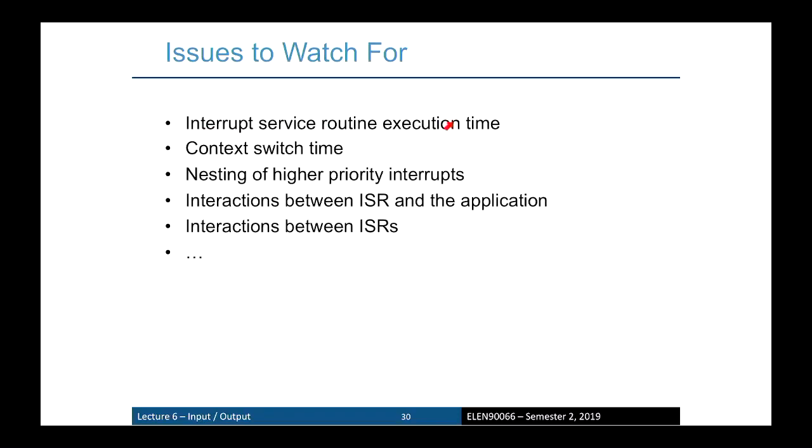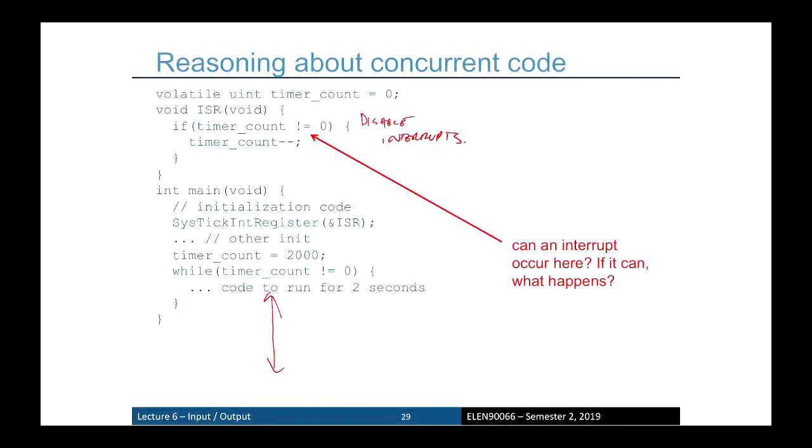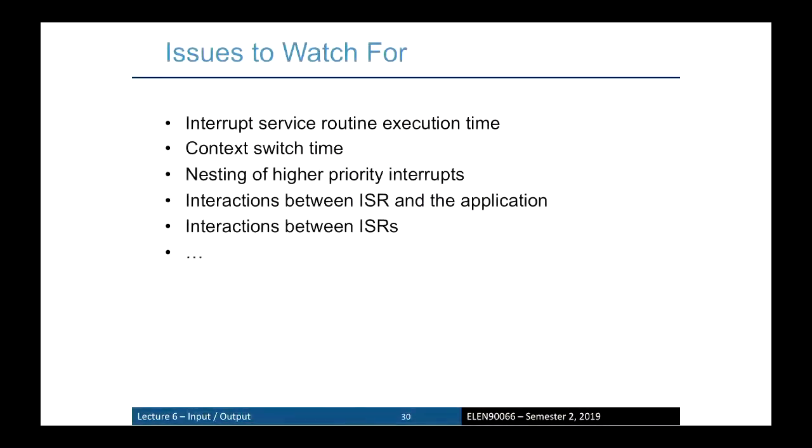The ISR execution time should be as short as possible. In this case, it's pretty simple. It just decreases a variable and does a comparison as well. Very short, only a few instructions. Because every time the ISR is called, it's chewing up valuable time. How long does it take to switch context? Remember, these things don't run in parallel. They run concurrently. They don't run on independent hardware units.